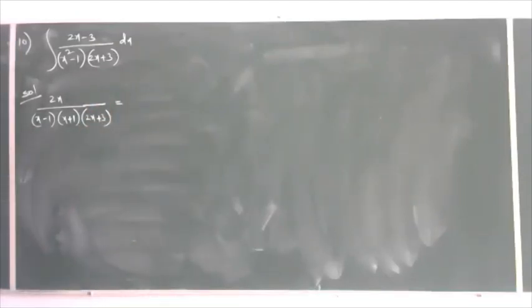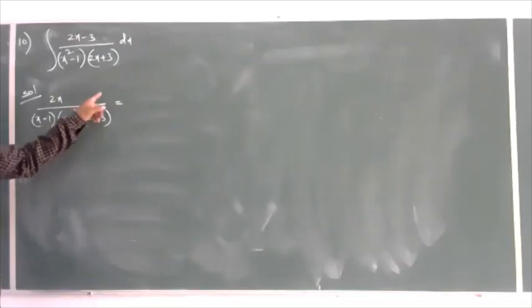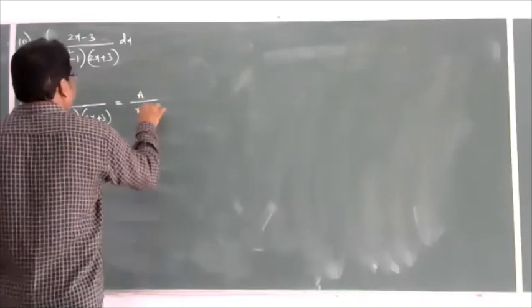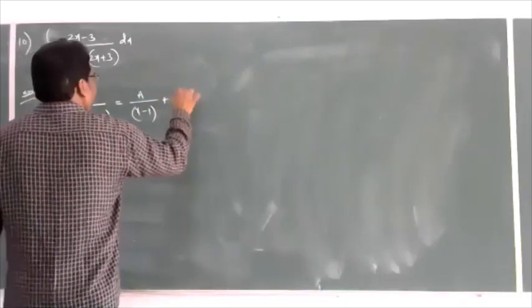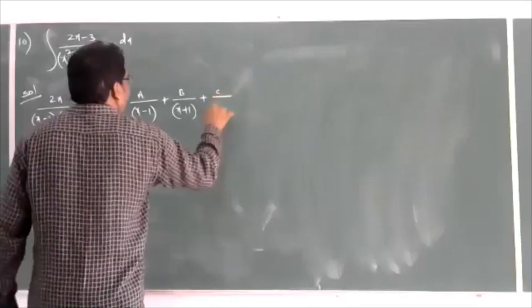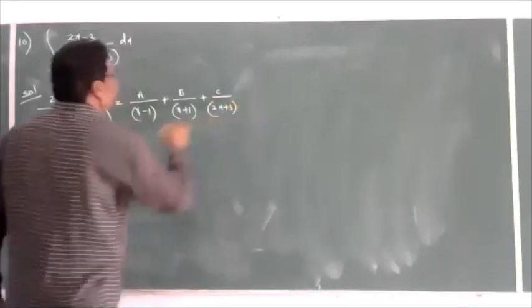So three reducible factors. So a by x minus 1 plus b by x plus 1 plus c by 2x plus 3.